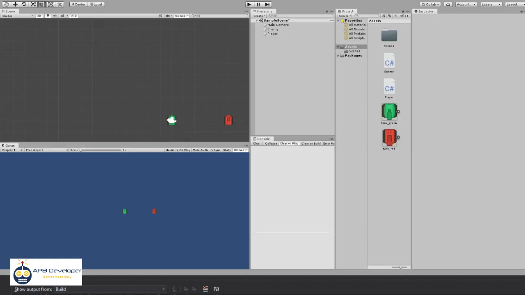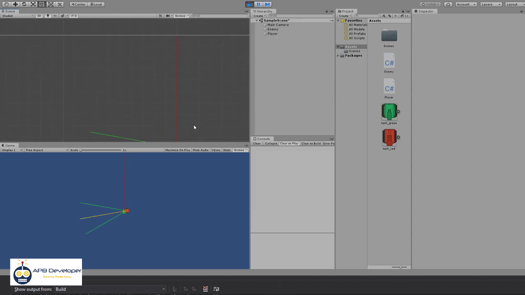Flip back and run. There we go. So yeah, you see this until we get inside the view cone. That's all down to the dot product.